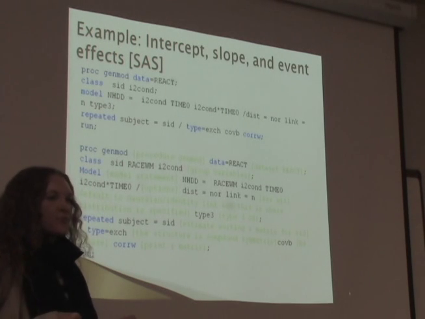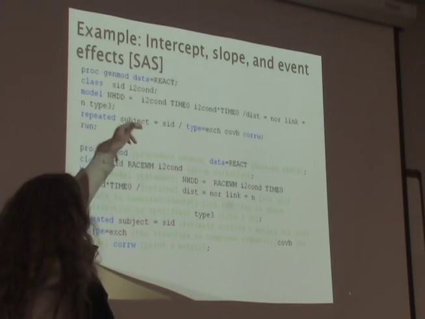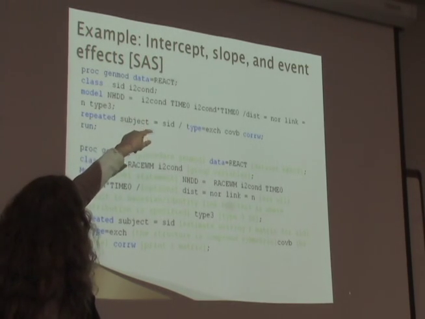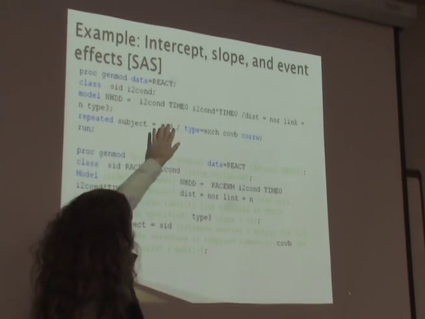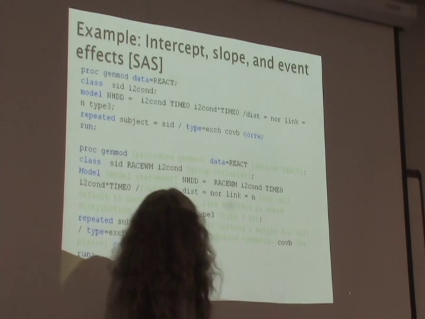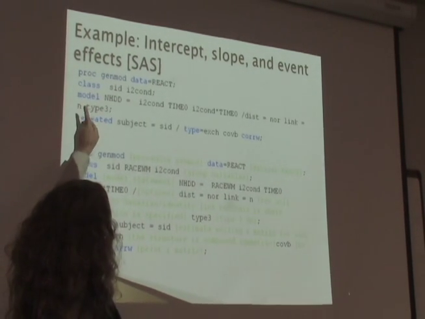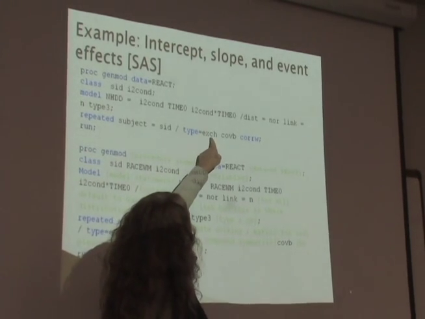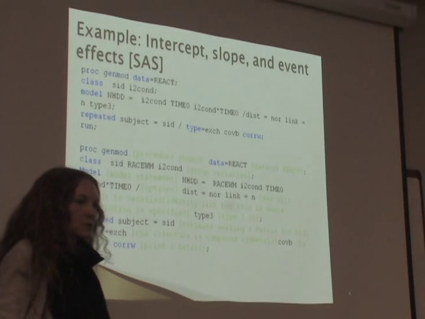Here's just the same thing, but with SAS. So say React is the name of the data set that we're using. Here's our model statement, so the same model statement. Here's where we're specifying our distribution. We're asking for type 3 sums of squares, and here's where we're specifying the correlation structure, okay?